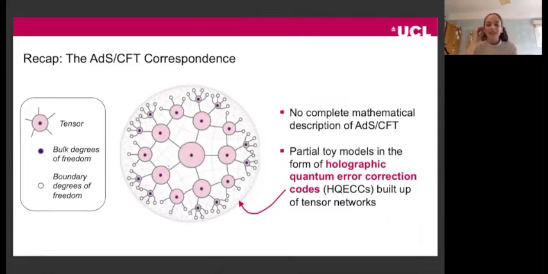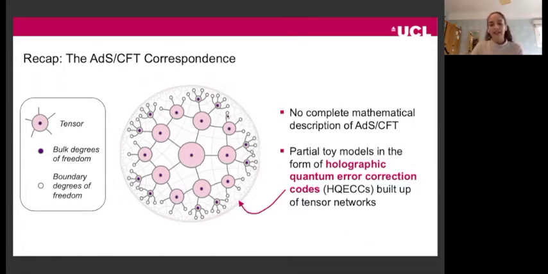But as Tamara said, we don't really know what this AdS/CFT dictionary looks like in terms of a complete mathematical description. So we have to rely on these partial toy models. And the ones we're talking about are in the form of holographic quantum error correcting codes built up of tensor networks.